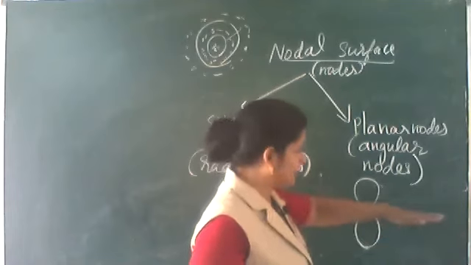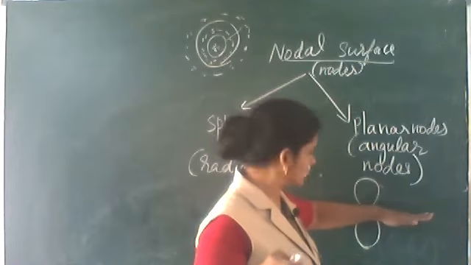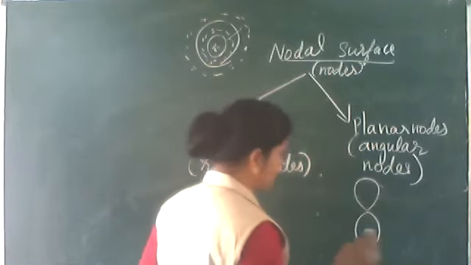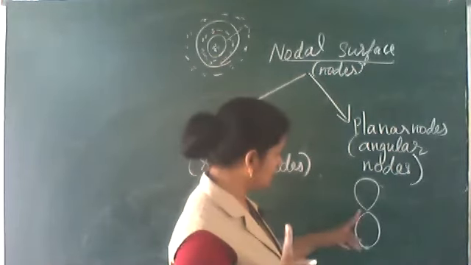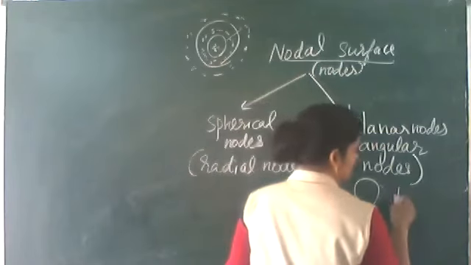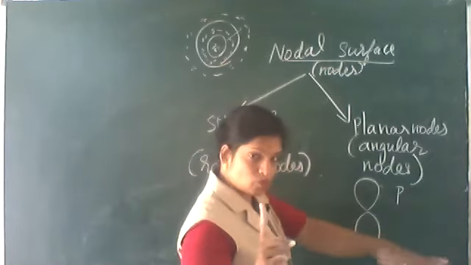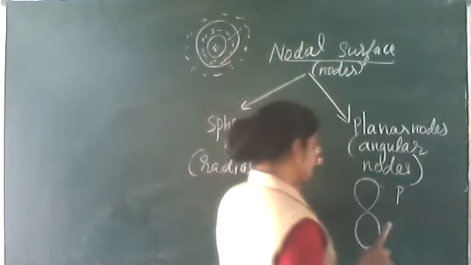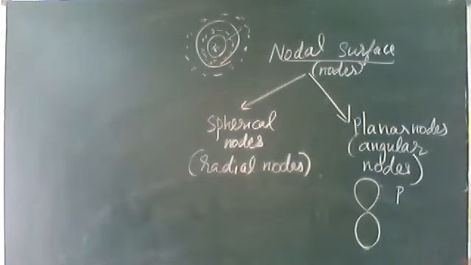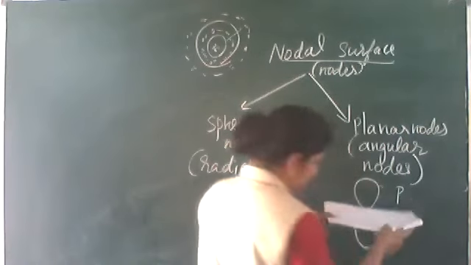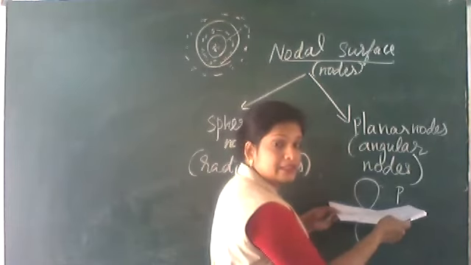That plane, the paper that I have shown along this line, is a planar node. The l value of p is 1, which means one planar node, that is, a planar or angular node. On this paper, probability density is 0.